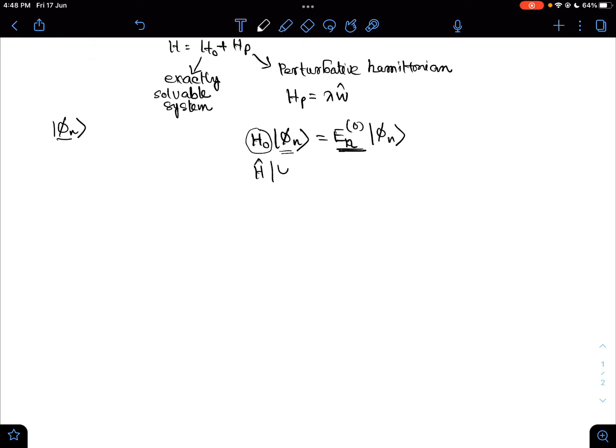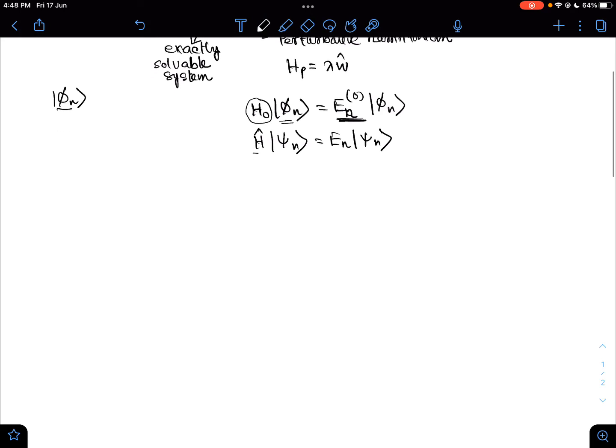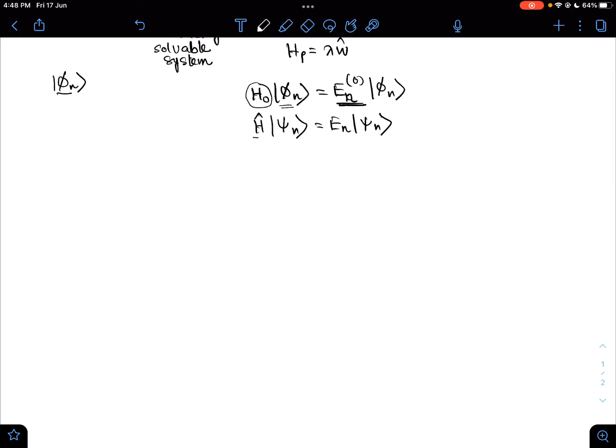And now we want to solve H. What will be the eigenfunctions and eigenvalues of H? Let us assume H psi n equals En psi n. In the perturbative analysis, we assume En to be En0 plus a series in lambda: lambda En1 plus lambda square En2 and so on.